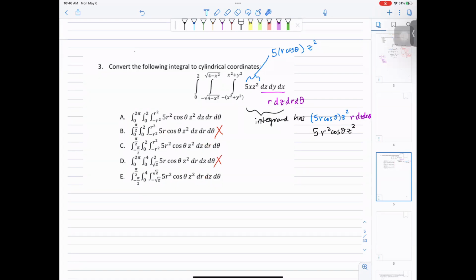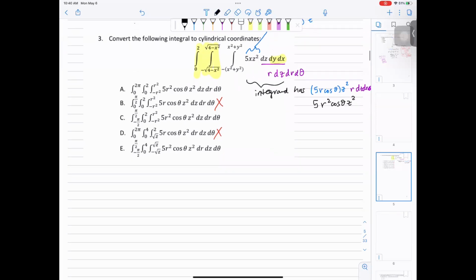Okay, let's look at the bounds. Let's look at the x and y bounds first. These bounds are telling me that when I project to the xy plane, y goes between negative square root of that and positive. How do I recognize what that is? If y is negative square root of 4 minus x squared, let me rewrite it in different ways. Then I square both sides, so y squared equals 4 minus x squared.